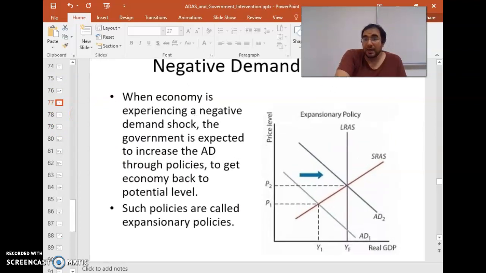Whenever there is a demand shock, it is much easier to select the relevant government intervention. If you have a negative demand shock, the demand might have shifted from an old position to AD1.